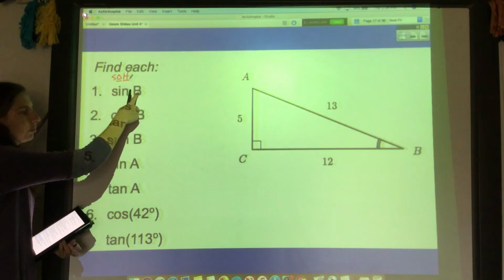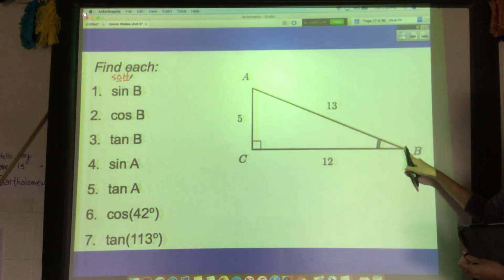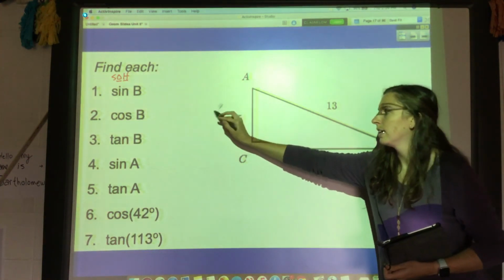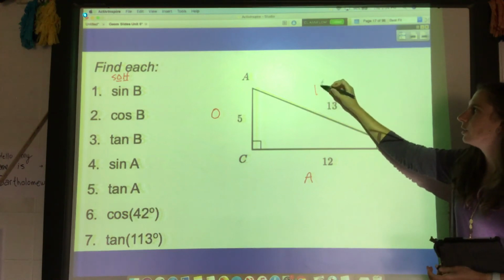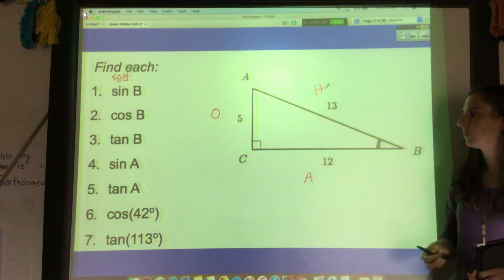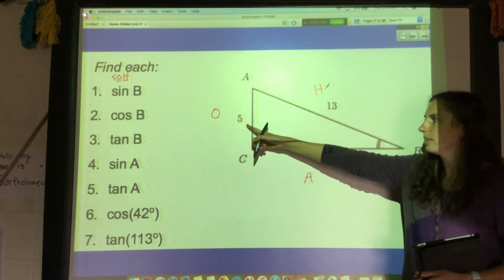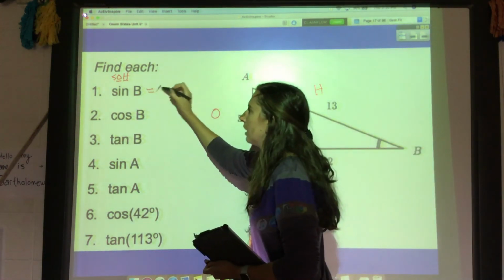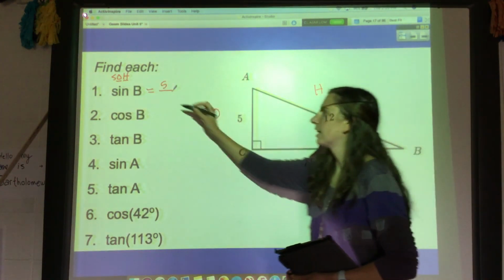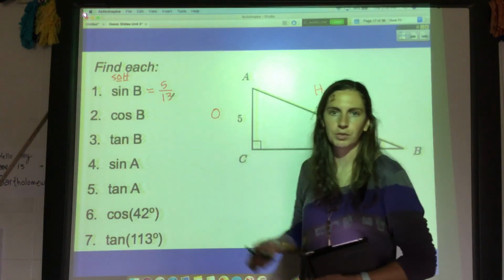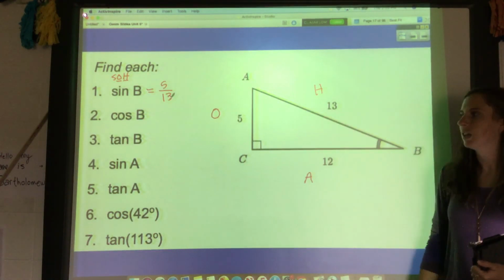I'll look at angle B, and I know that this is the opposite side, this is the adjacent side, and this is the hypotenuse because it's across from the right angle. So sine is opposite 5 over the hypotenuse 13, and that's it. You can get a decimal if you want, but it's just 5 over 13.